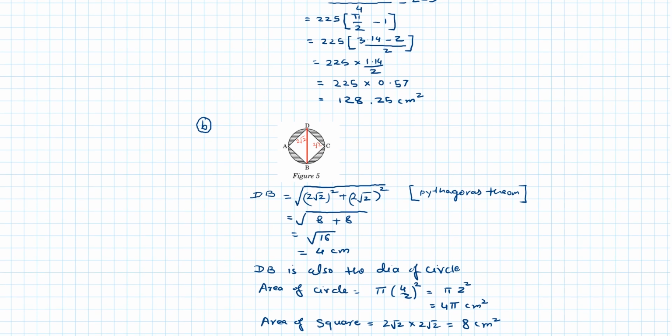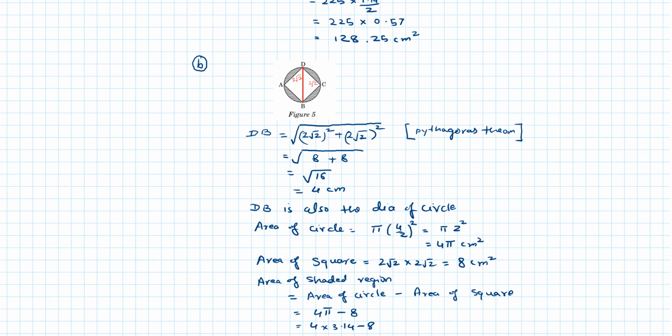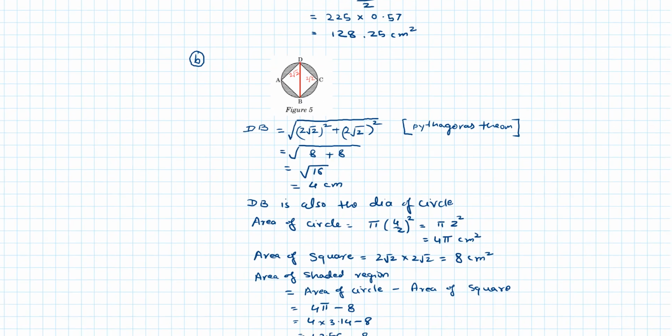Now DB is also the diameter of the circle. So the radius becomes half of it, that is 4/2. So the area of the circle is pi r square, that is pi into 2 square, that is 4 pi cm2. The area of the square we know will be 2√2 into 2√2, that is 8 cm2.